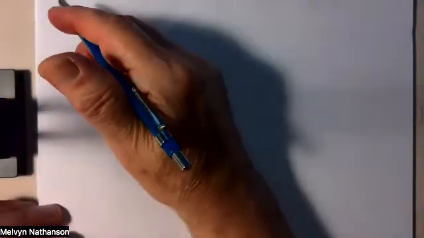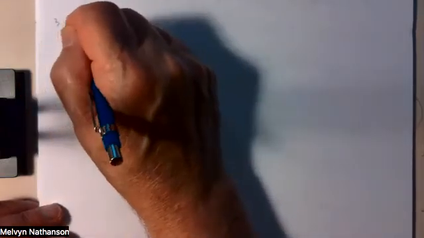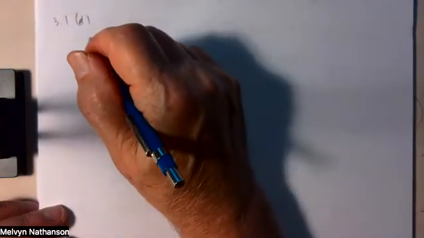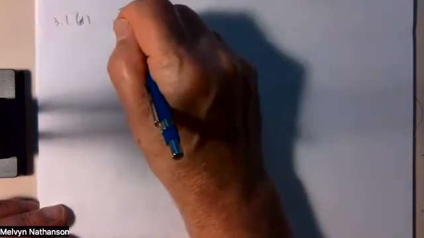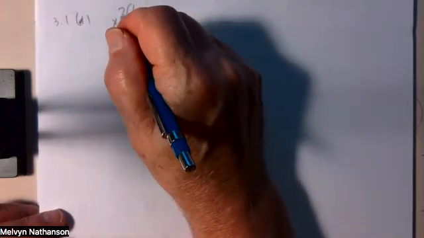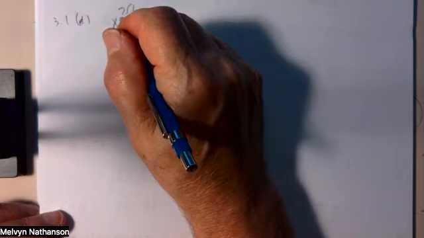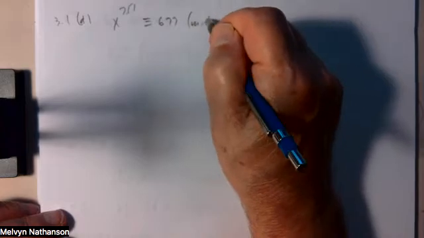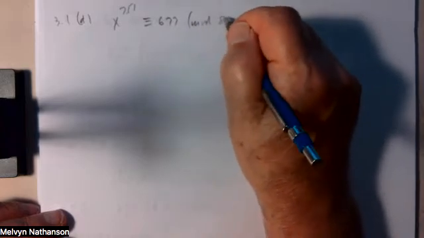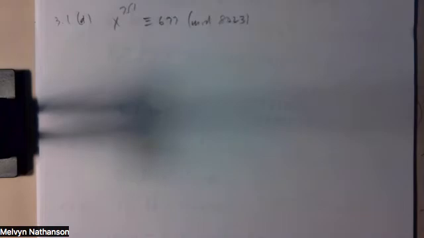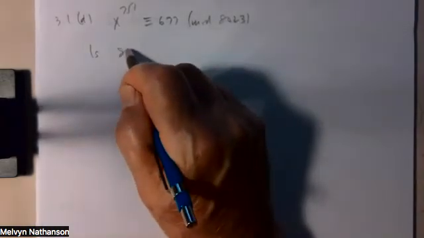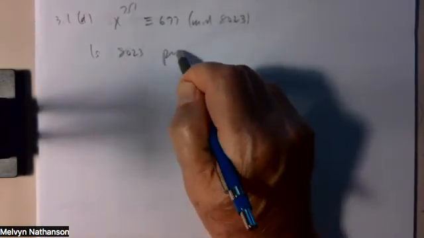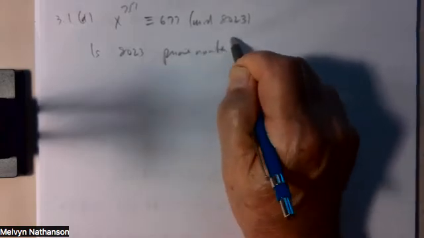And the problem is 3.1d: to figure out what is x to the power 750, to solve the congruence x to the 751st power is congruent to 677 mod 8023. So the first question we should ask is, is 8023 a prime number?